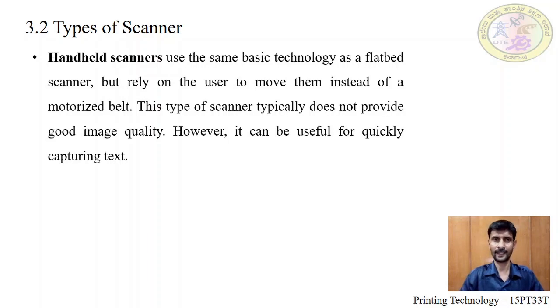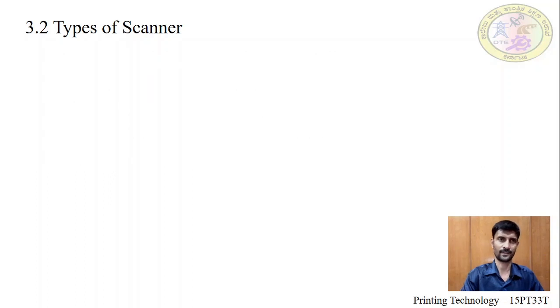But in a handheld scanner, it is portable, and to carry out the scanning process, we have to move the scanner over whichever image is required. This is how it works. Typically, good image quality is not possible with this, but it can capture some pixels of an image, and it can quickly capture text and color images.